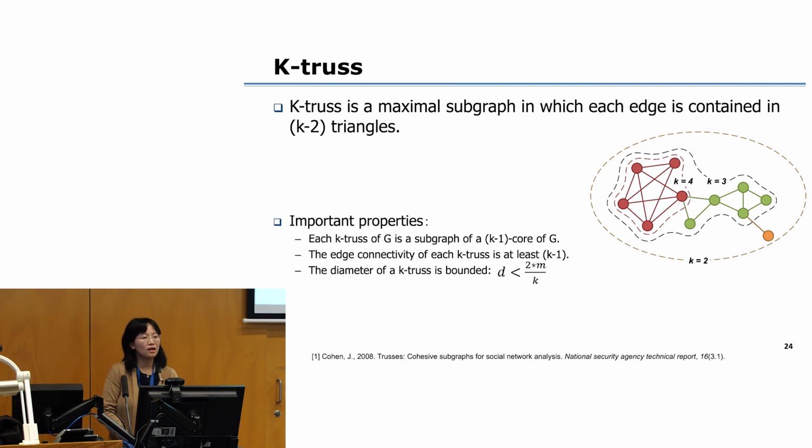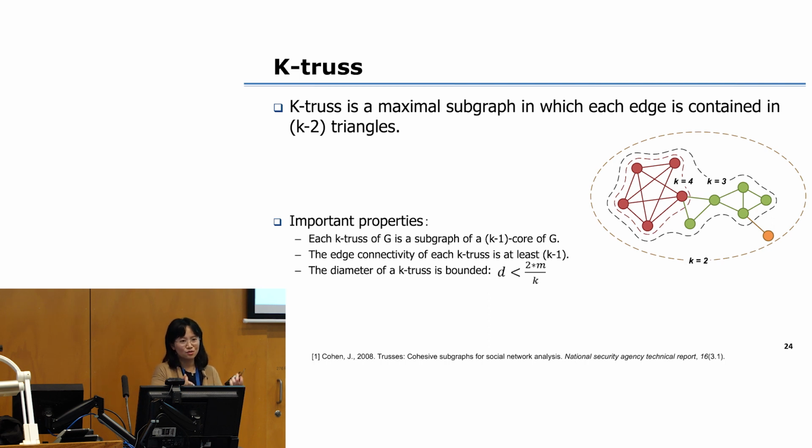So how is K-truss defined? K-truss is defined by considering the number of triangles that an edge is contained in. So let's consider an edge contained in a triangle. In a social network, what does this mean? One edge connecting two vertices is contained in one triangle.